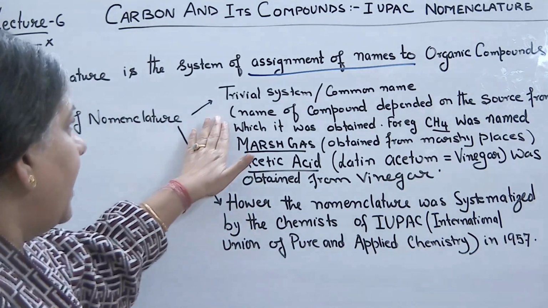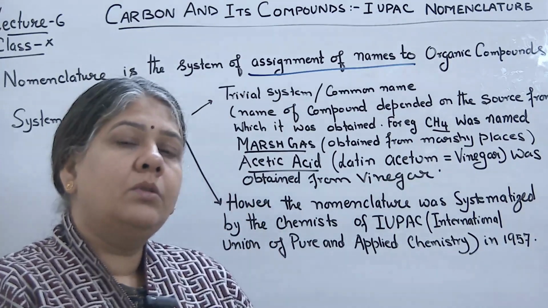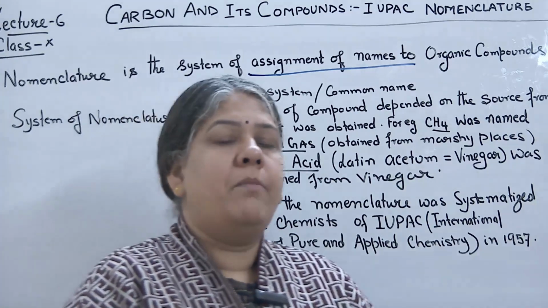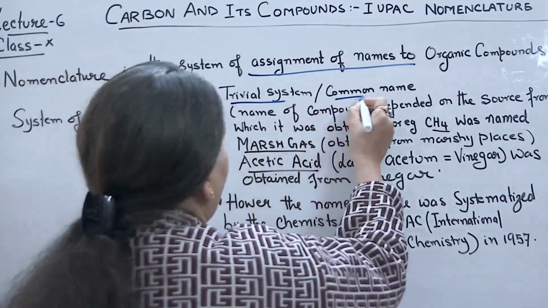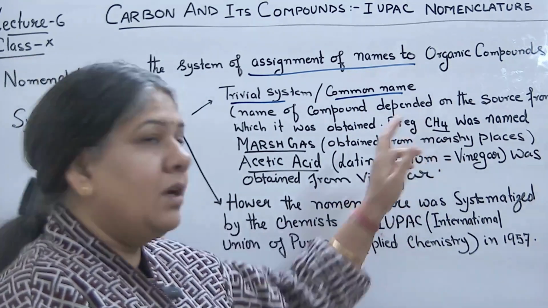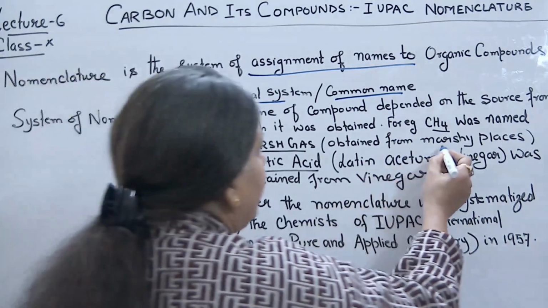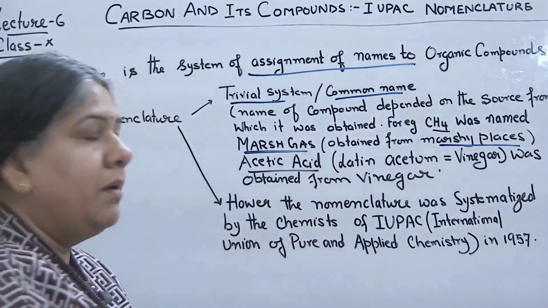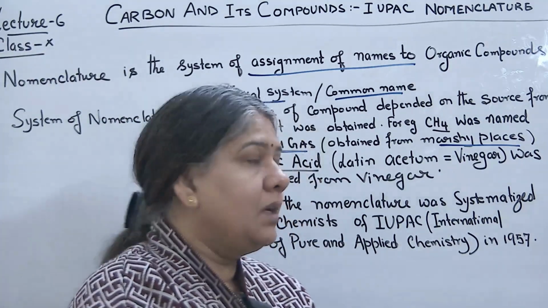See, however, in earlier days, the compounds were named according to the source from which they were obtained. And this system of naming was called common name or the trivial system. For example, methane was obtained from marsh gas or from the marshy places, hence the common name for methane is marsh gas.